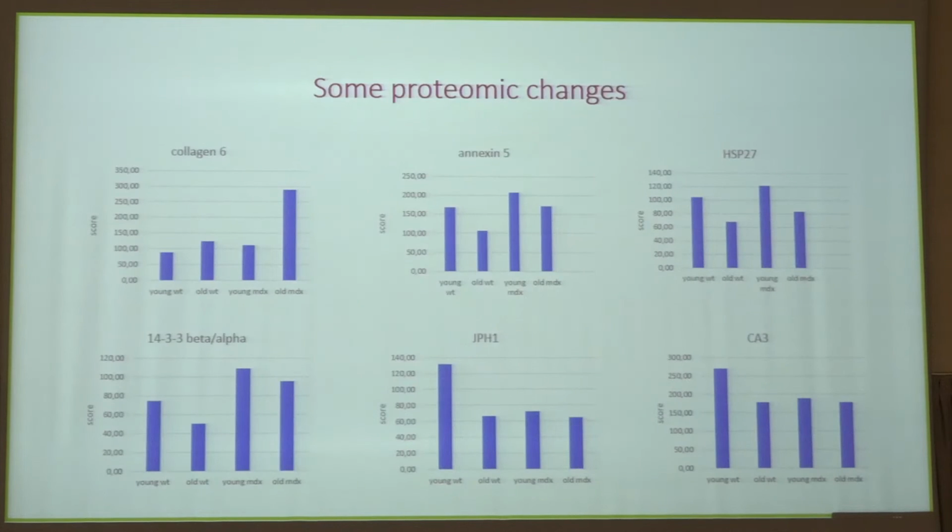Okay. So on to some proteomic changes that we observed in our study. First of all, we can see that collagen 6 is much higher in the aged mdx, or the aged dystrophic group, than the other groups. As I mentioned earlier, the dystrophin glycoprotein complex is involved in providing a structural link between the extracellular matrix and the actin cytoskeleton.